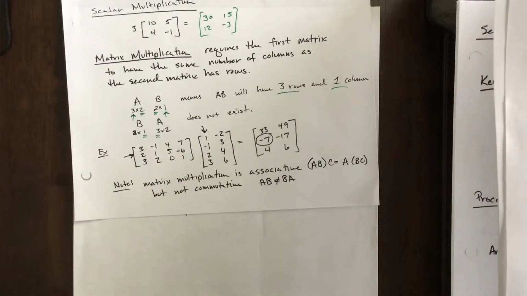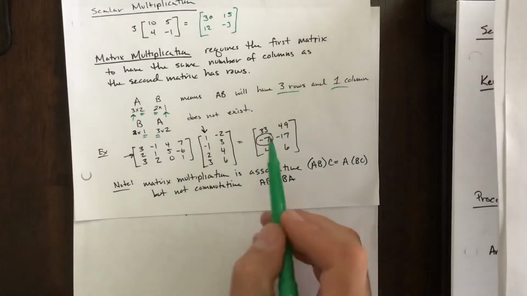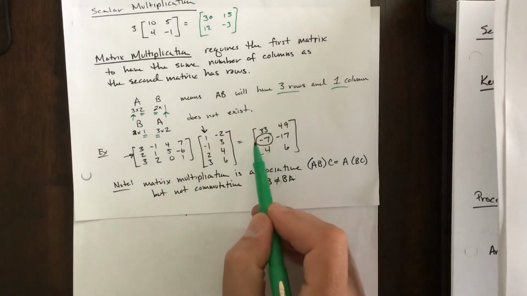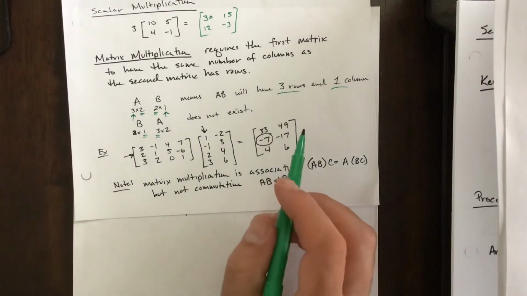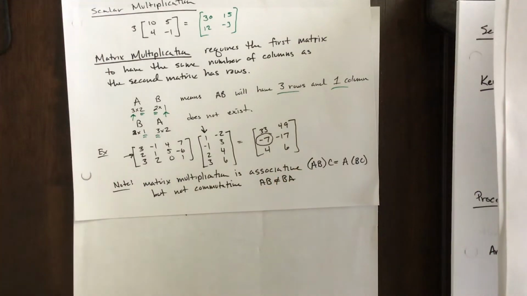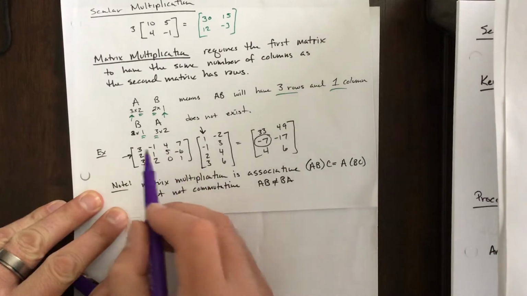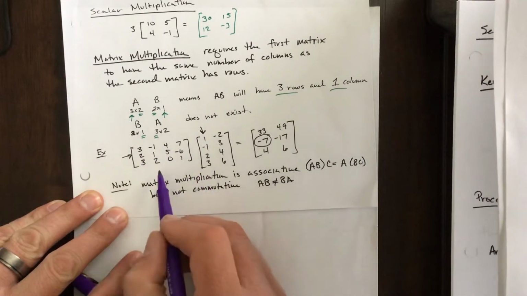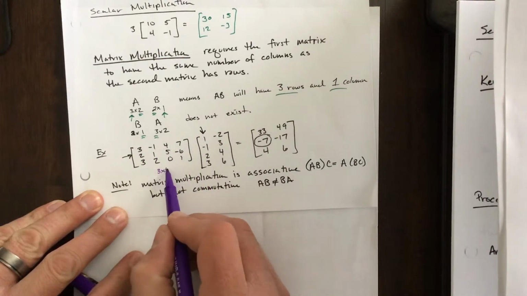Now, if we look at how the product works, I've circled the component -7 in the resultant matrix. First off, let's talk about what we're looking at. This has 3 rows and 4 columns, so this is a 3 by 4 matrix.